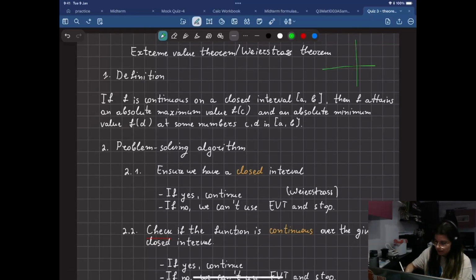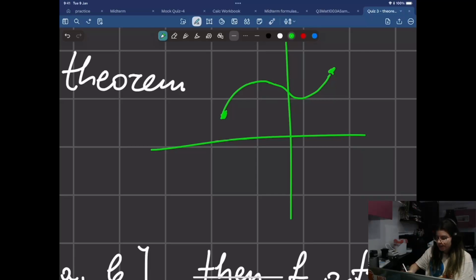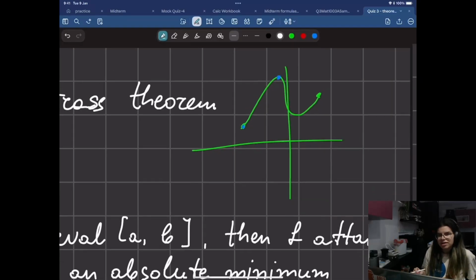So if you have some function starting from here to here, and it is continuous throughout the whole interval, then there is surely gonna be a minimum somewhere, and there's gonna be a maximum somewhere, or it could go like this way, and then the maximum would be here and the minimum would be, I guess, at the endpoint. So this is literally all they're telling you.